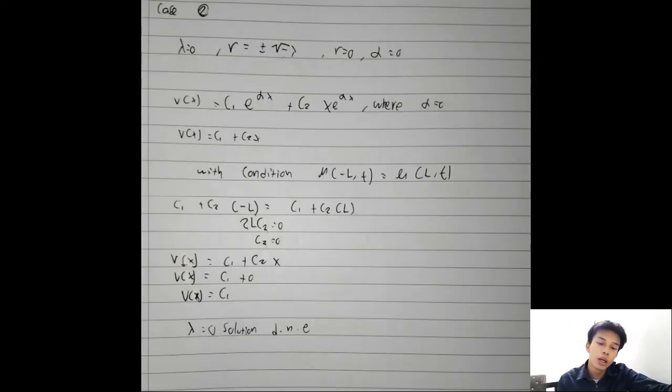Case number 2, λ = 0, r = ±√(-λ), which gives r = 0 and α = 0.